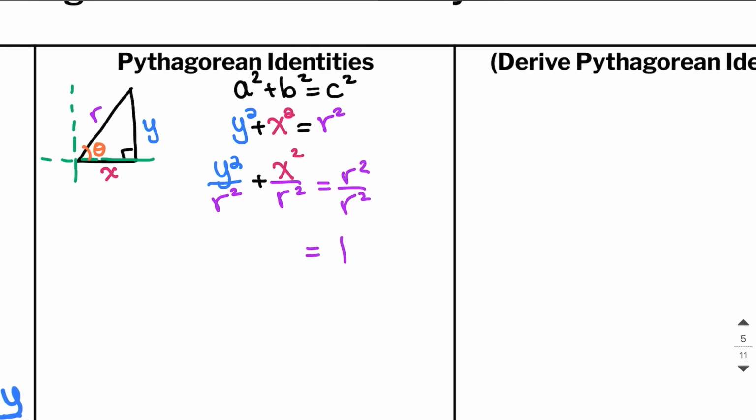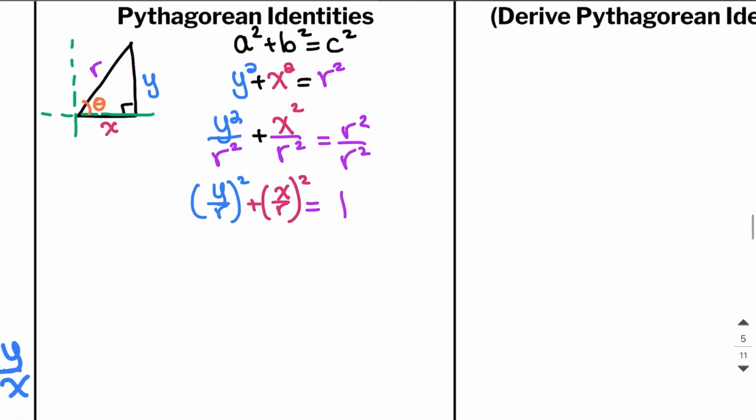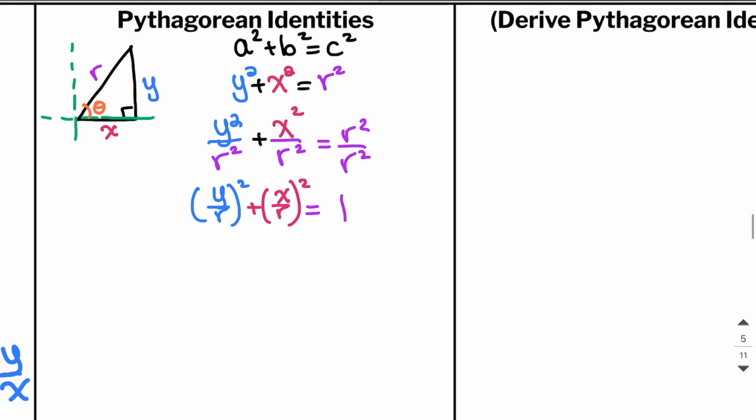And instead of y squared over r squared, we can just say that this is y over r, and the whole thing is being squared, because if we square everything, we would end up getting y squared over r squared. And then this one, we're going to say that this is x over r, and this entire expression is going to be squared as well.